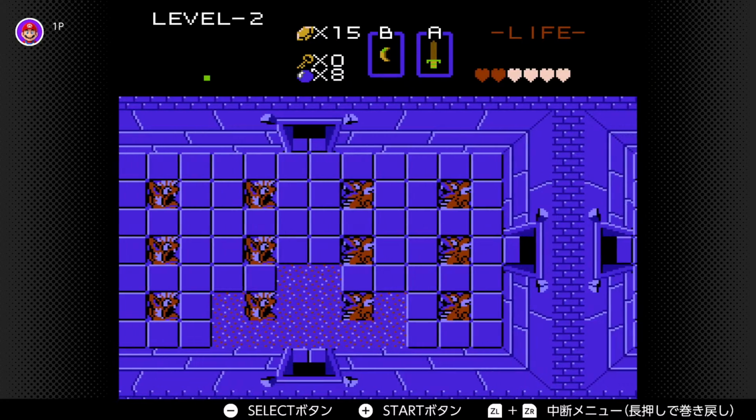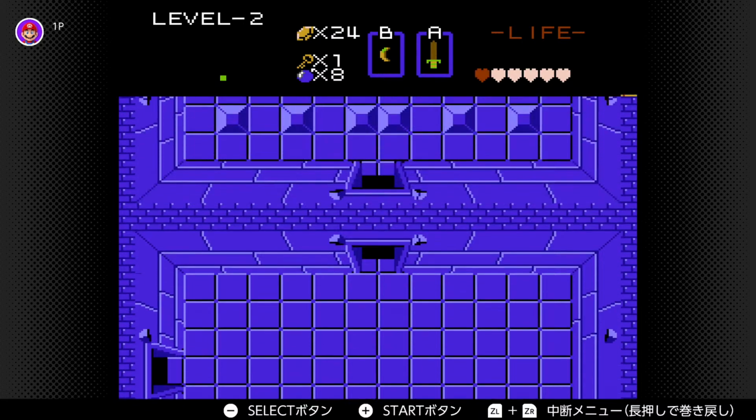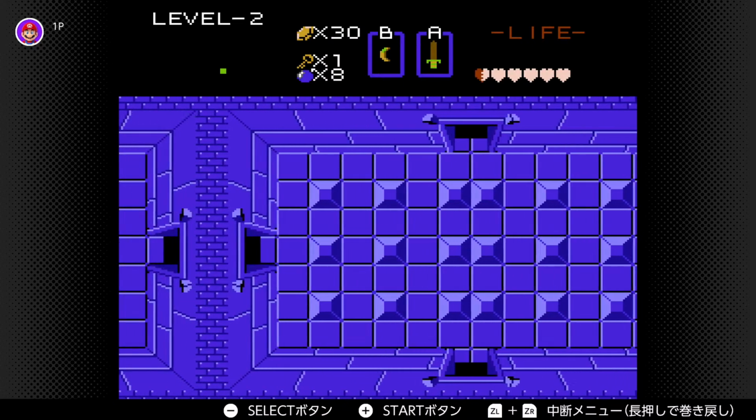Let's go to the right first. Maybe it was better to go to the left. Let's defeat the ropes. Get the key. Could have got here regardless. Let's see what was to the left.